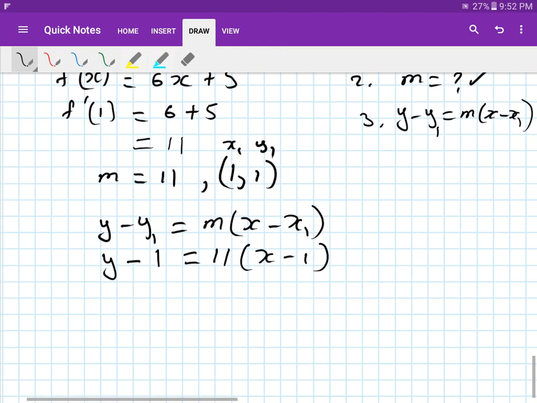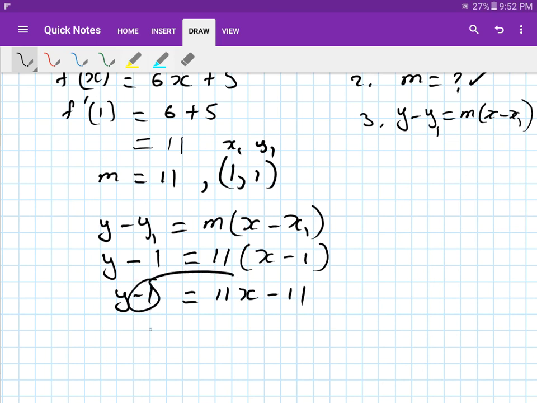Then I just expand it out. So y minus 1 is the same as 11x minus 11. I move this to that side, so y is equal to 11x minus 11 plus 1, which is minus 10.